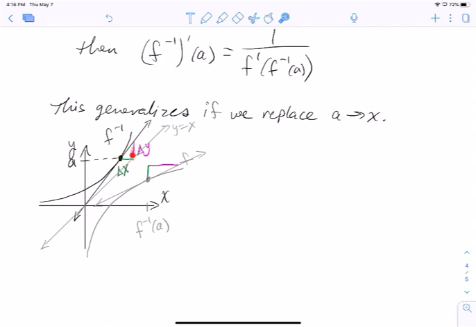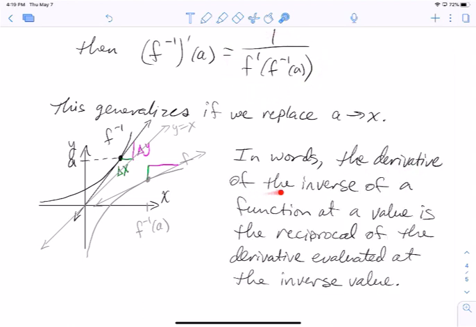What was vertical for f inverse is now horizontal for f, and what was horizontal for f inverse is vertical for f. In other words, the slope is the reciprocal. To describe this reciprocal in words, the derivative of the inverse of a function at a value is the reciprocal of the derivative evaluated at the inverse value.